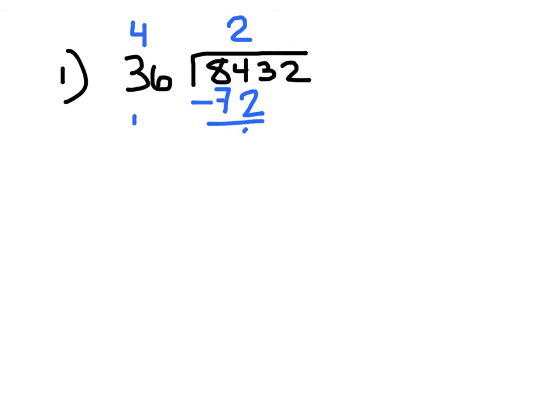We subtract and get our next number down. The same question, 4. How many times does it go in 12? 3. So 3 times 6, 18. And you carry 1. 3 times 3, 9, and 1, 10.